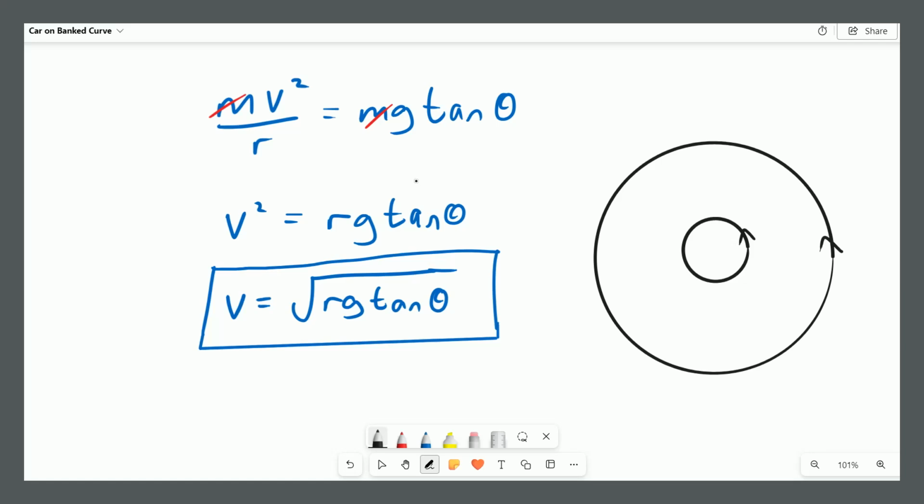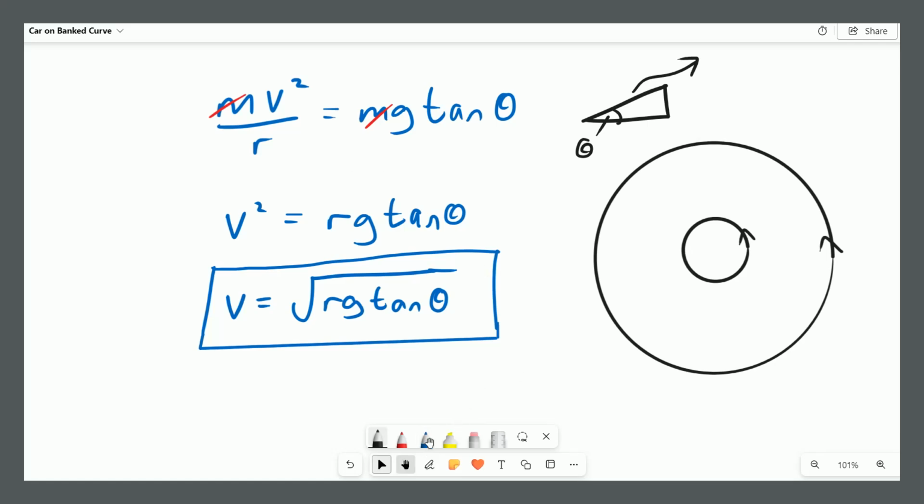We also see that a larger g, a larger gravitational acceleration, means that you can have a higher maximum velocity. Well, that makes sense too, because it's the gravitational acceleration that's the whole point of this banked curve, right? It's harder to spin out because spinning out would mean moving upwards, which would mean moving against the force of gravity.